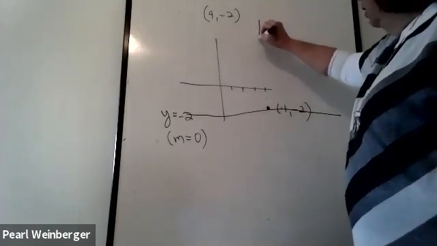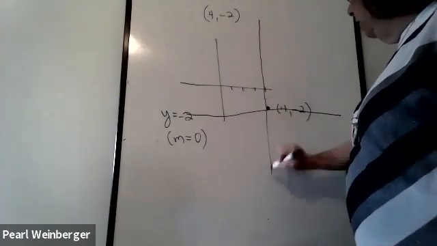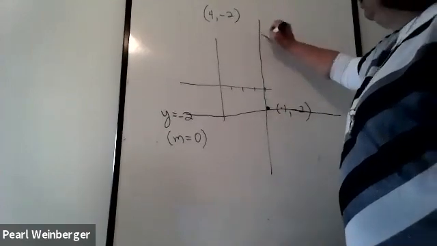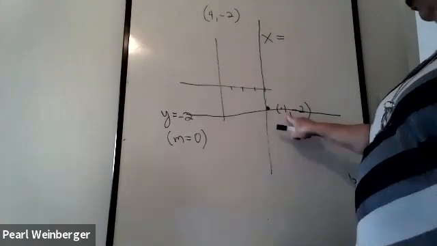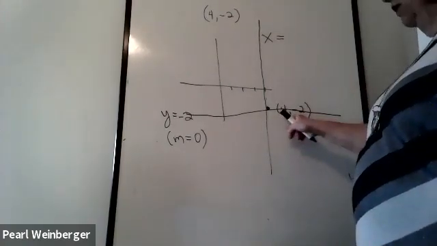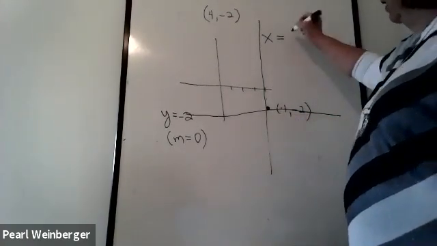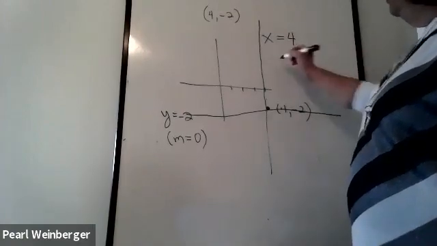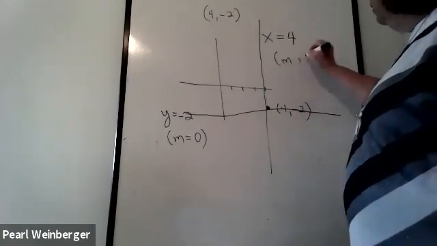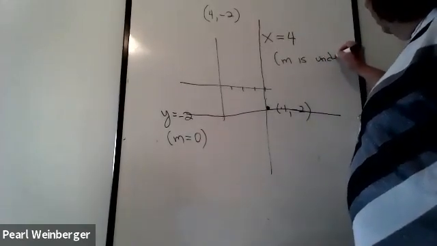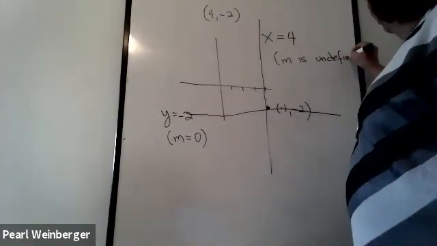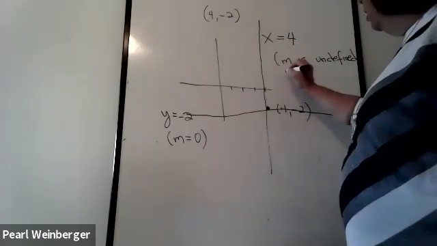A vertical line, and it goes straight up and down like that, has an equation x equals a number, and the number in this case, of course, is 4. Whatever the x of the point is, that's x equal to 4. In this case, the slope is undefined, we sometimes say, or it doesn't exist.